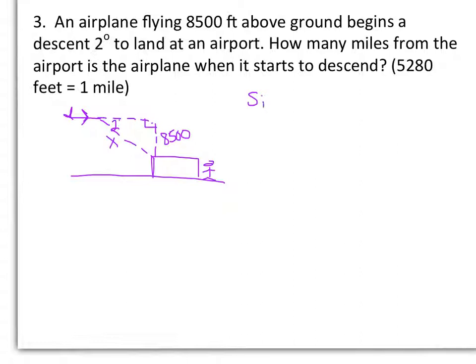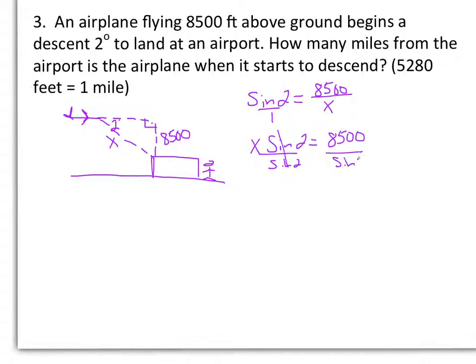So this would be sine. So sine of 2 equals opposite over hypotenuse. Then take the cross product. x times sine of 2 equals 8,500. Divide both sides by sine of 2.